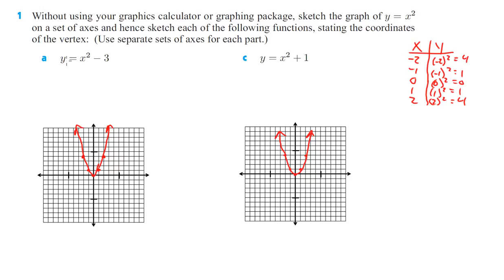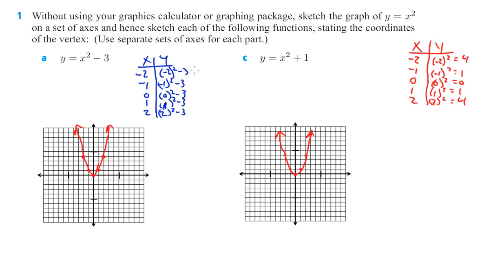So now we want to graph y equals x squared minus 3. We can do this a couple of different ways. We can do this with a t-chart, with -2, -1, 0, 1, and 2. So -2 squared minus 3, -1 squared minus 3, 0 squared minus 3, 1 squared minus 3, and 2 squared minus 3.